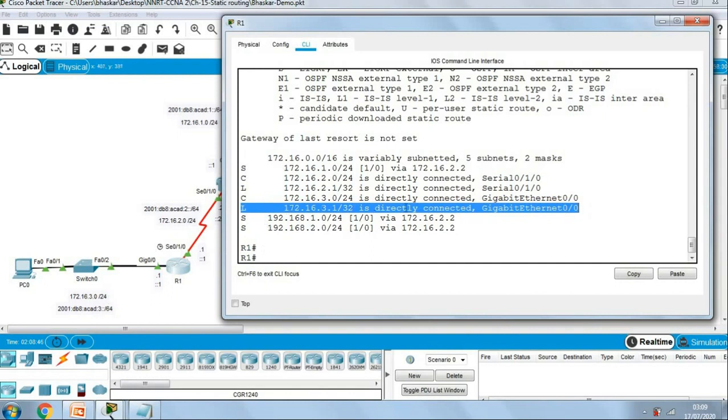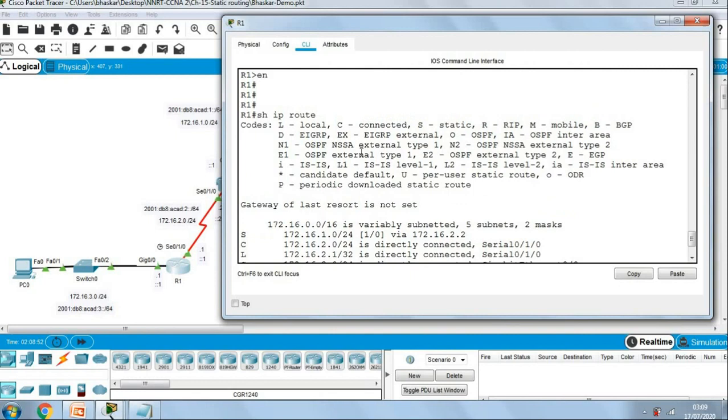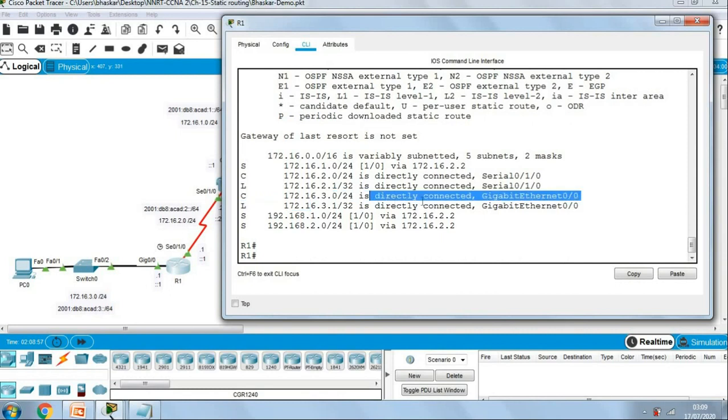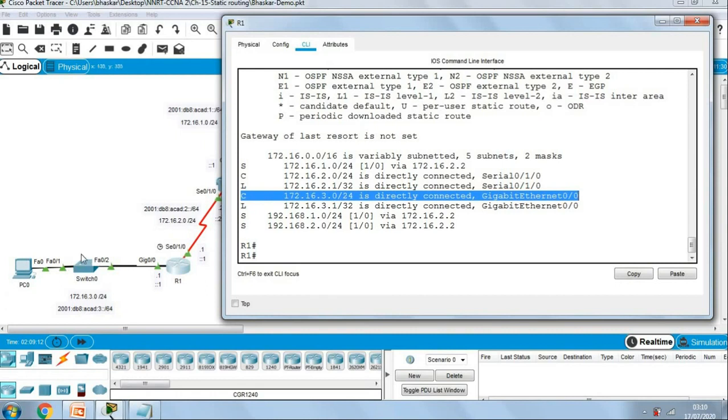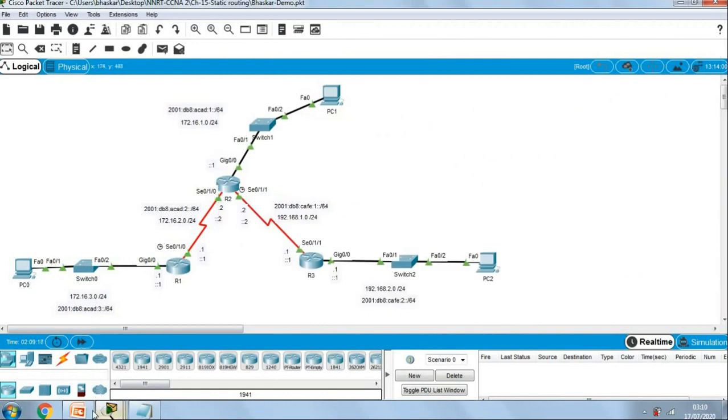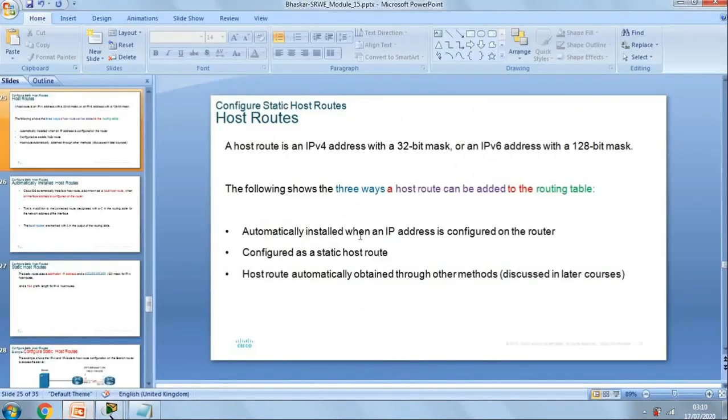This is automatically added into the routing table entry. This is the routing table from the show ip route command. In that, for these routes, you have not configured anything. They are automatically learned by the router as directly connected and local routes. This local interface, this connected network, and this other network are also automatically learned by the router. That is what they are telling: it is automatically installed when an IP address is configured on the router.